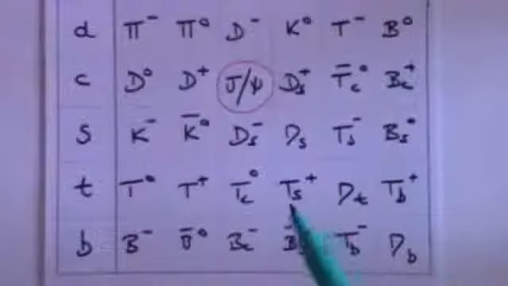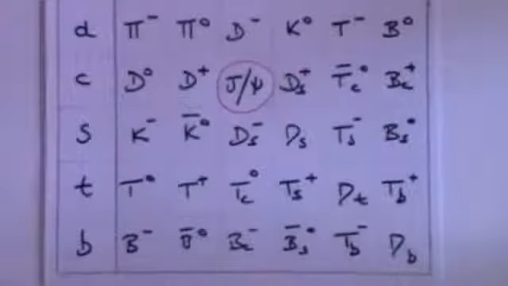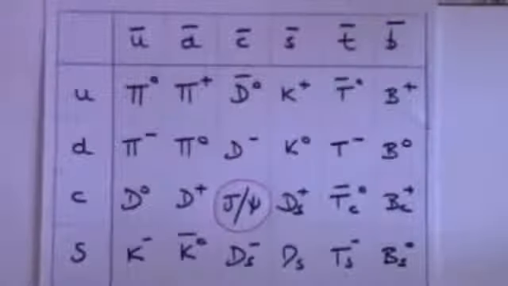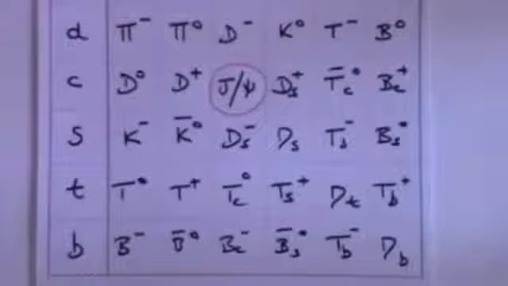All I can show you at the moment is the up, down, charm and strange, but of course if I push up the table you can see that there are also combinations of top and bottom quarks with each of the antiquarks. So you've got 36 combinations of quark-antiquark pairs that make up the mesons. I think the very last one to be found was the bottom quark, which is called the upsilon, and that was found in 1977.